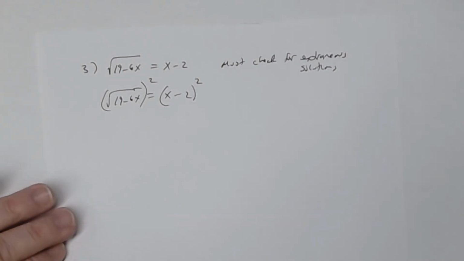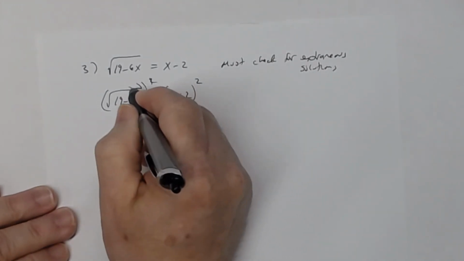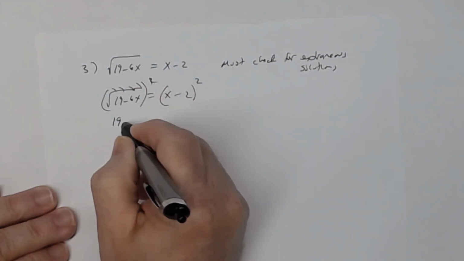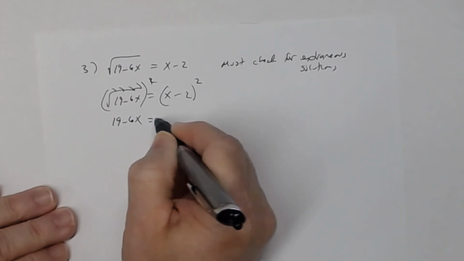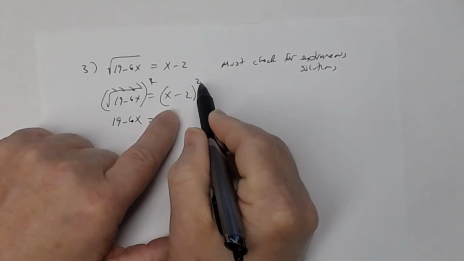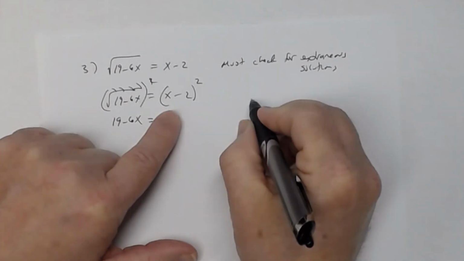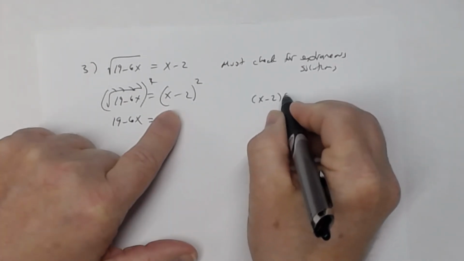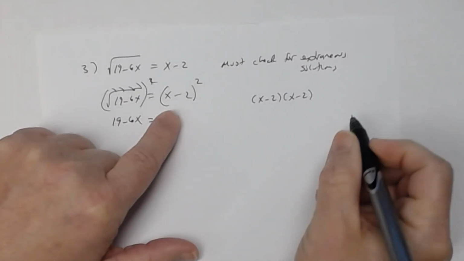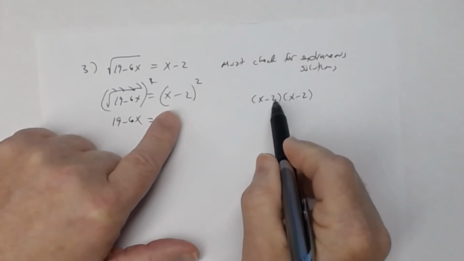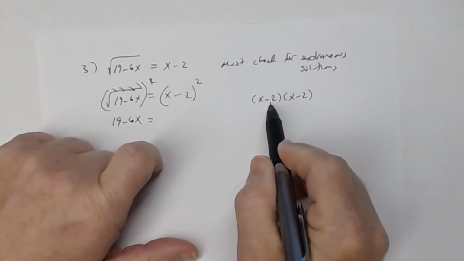Okay? And then the square and the square root undo each other, so you're left with 19 minus 6x equal. Okay, now we have to multiply this out here. So remember, x minus 2 squared means x minus 2 times itself. And then I'm multiplying 2 binomials, so I have to FOIL this out.